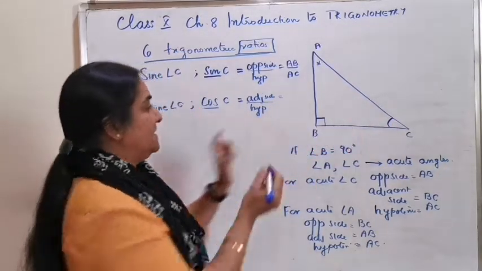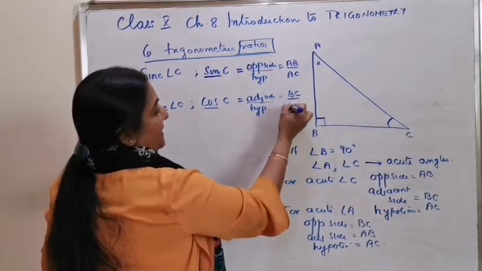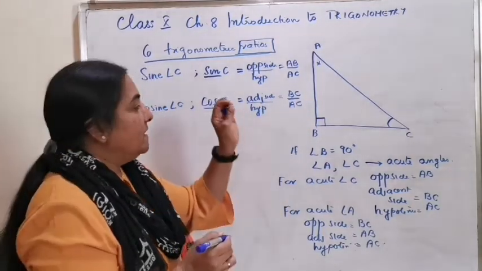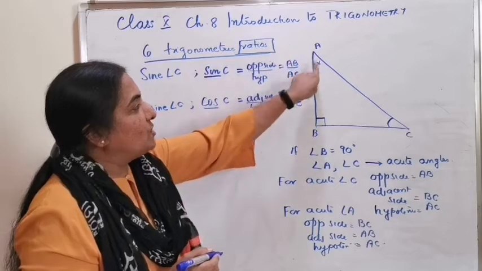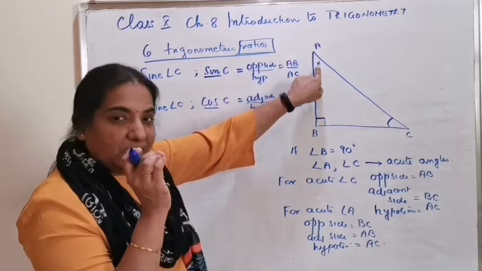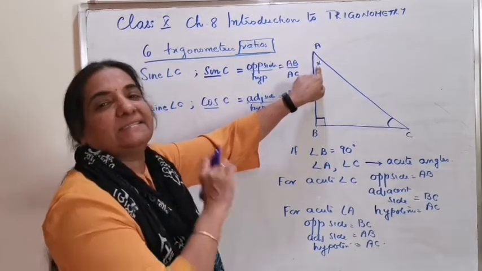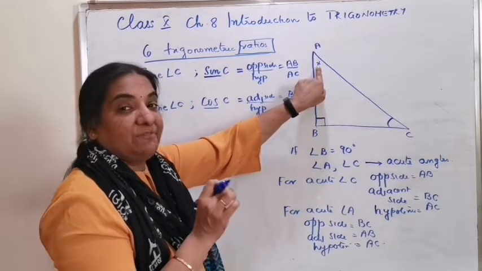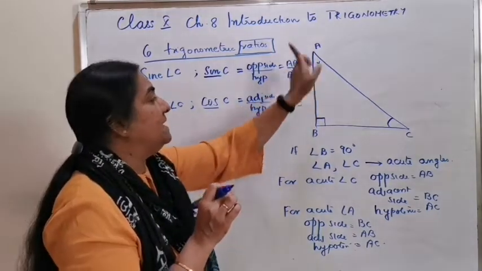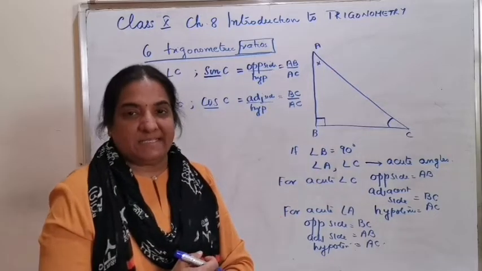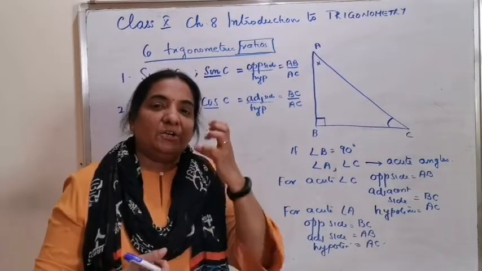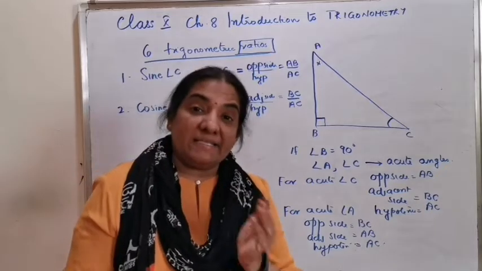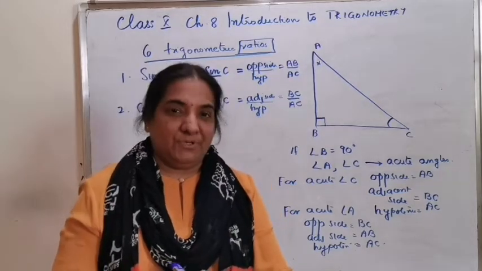That is BC divided by AC. And so what will be cos A? The word cos represents adjacent by hypotenuse. Now for angle A, the adjacent side is AB, and the hypotenuse is AC. So whenever you hear the word cos of an angle, it always represents the adjacent side by hypotenuse.